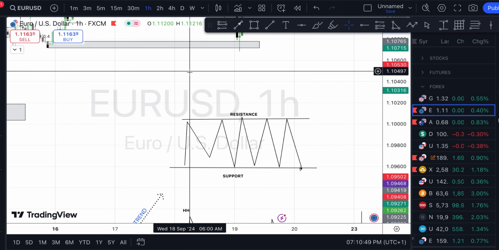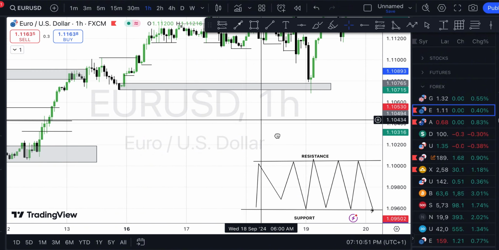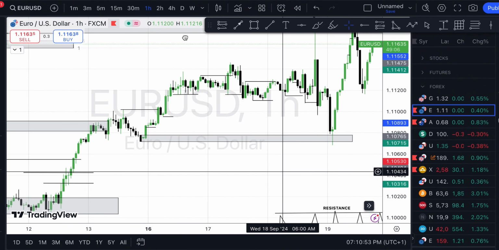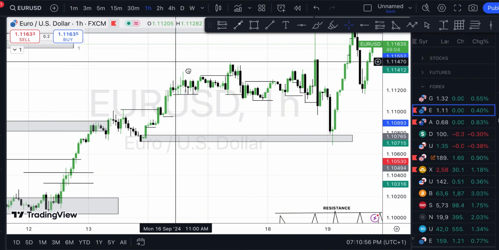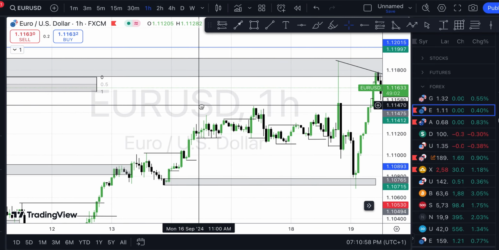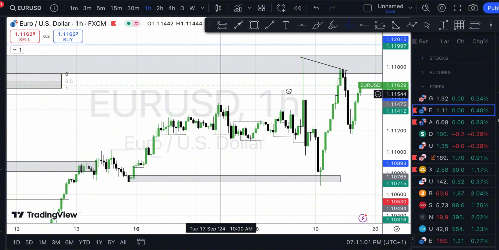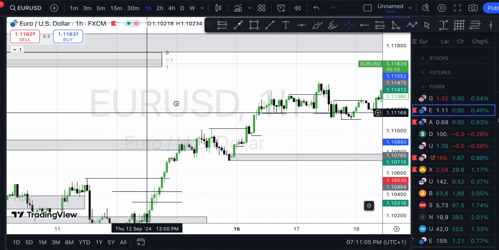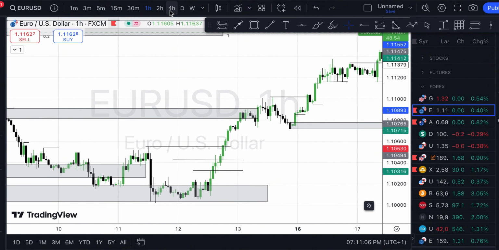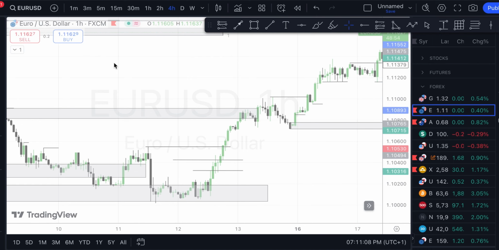Now let me go to a live chart and show you what market structure is. Let me show you an uptrend and a downtrend on a live chart.